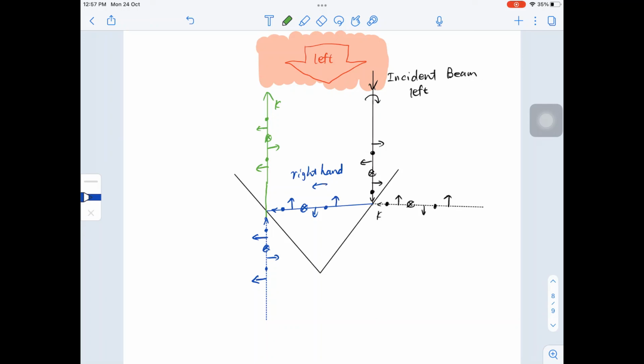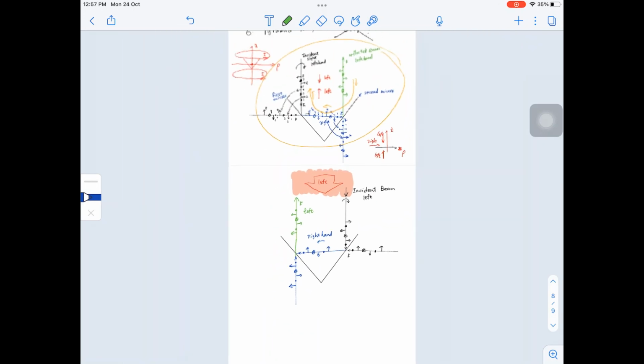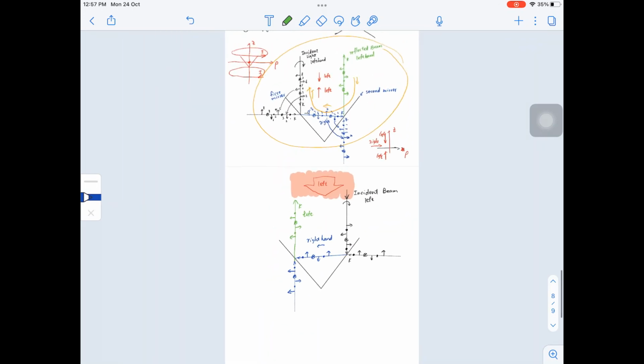The green light is left hand. Okay, combine this and this, we can have the conclusion.